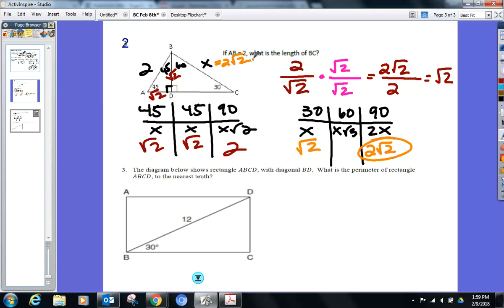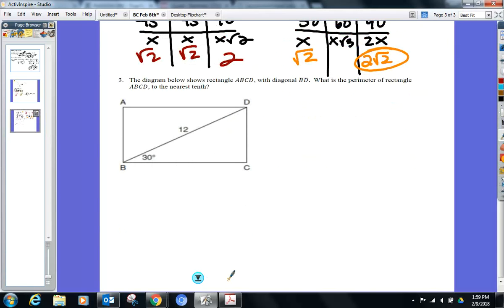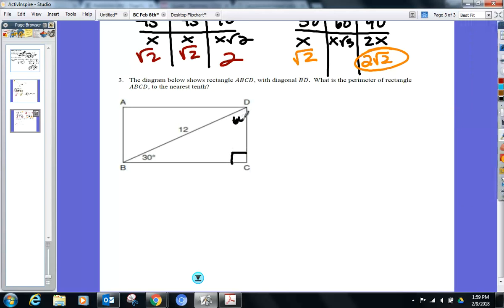And then I had to get in a little review concept here with our quadrilateral unit, rectangles. Anybody want to tell me anything about angle C, if it's a rectangle? It is a right angle, so that tells me I have a 30, 60, 90 here.